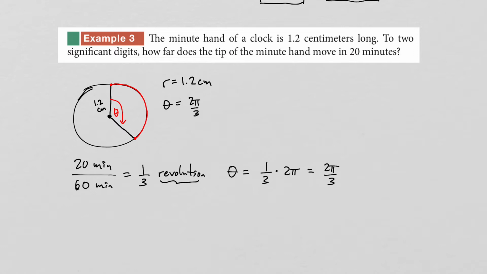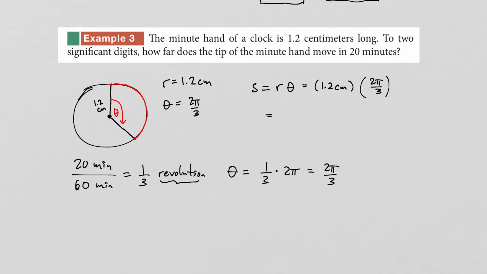And now the arc length, in this case, S, again, is equal to r theta. This will be 1.2 centimeters multiplied by 2 pi over 3. And then now we just have to do the math. And for this, you can simply multiply 1.2 times 2 pi and then divide it by 3.